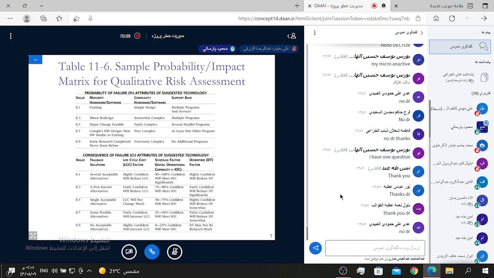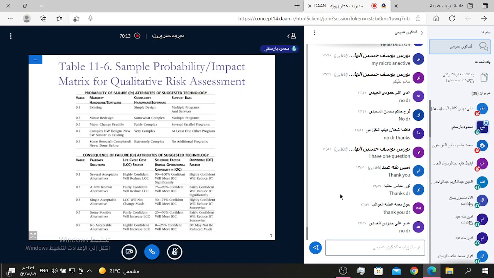Okay. Sample of probability impact matrix for qualitative risk analysis. In the first part, that is probability of failure, or PF, attributes of suggested technology.